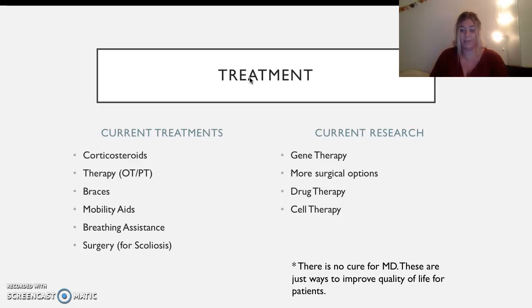And there's also breathing assistance for when patients develop the breathing issues later in their diagnosis, so they can be given sleep apnea machines or ventilators to assist with their breathing. And there's also surgical procedures, but this is mostly just to cure the scoliosis that some patients get. There's also current research being done on gene therapy, more surgical options, drug therapy, and cell therapy, so hopefully there's more of a cure on the horizon.